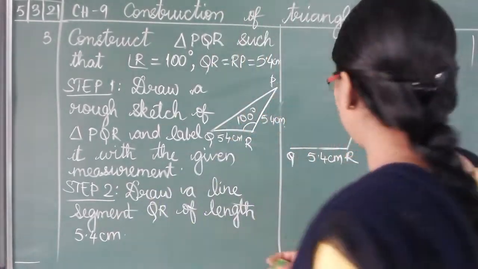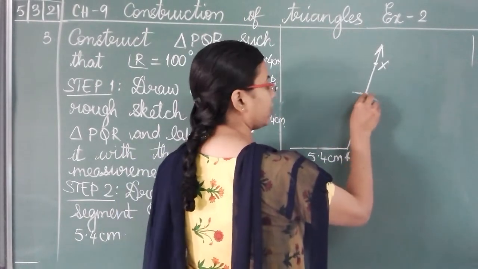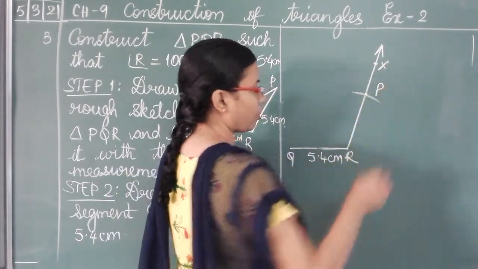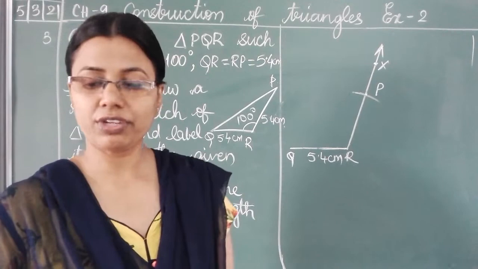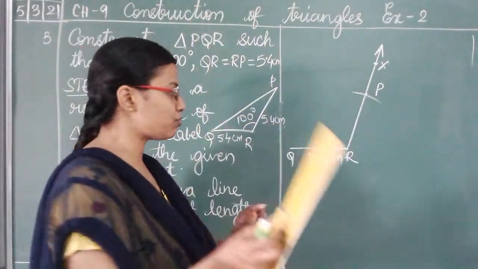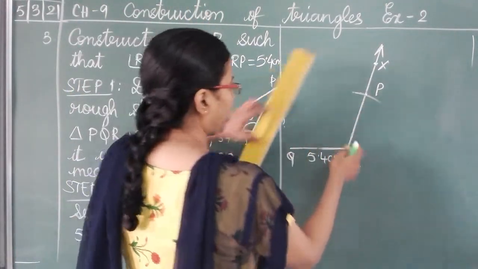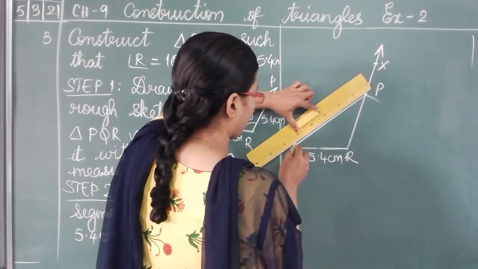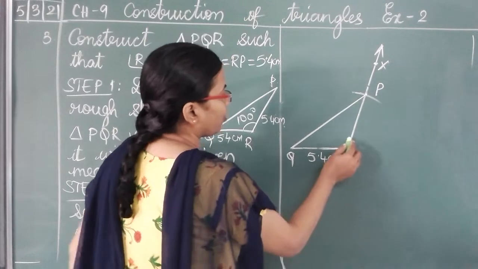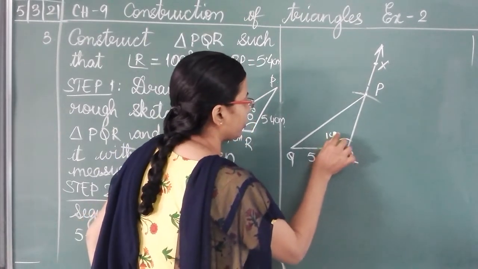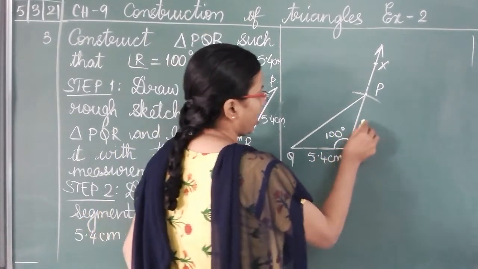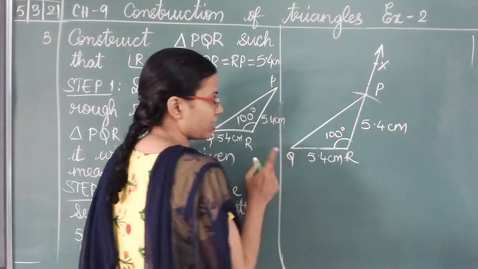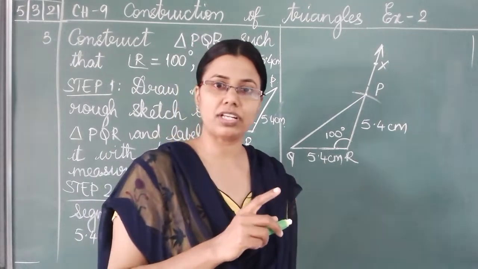Now the arc is meeting the ray at a point and this point is called P. That point we are going to name it as P. Now use your scale and join QP. Okay. Now here this angle is 100 degrees. We have measured and drawn and this is 5.4 centimeters. We have taken. Understood all the steps, children?